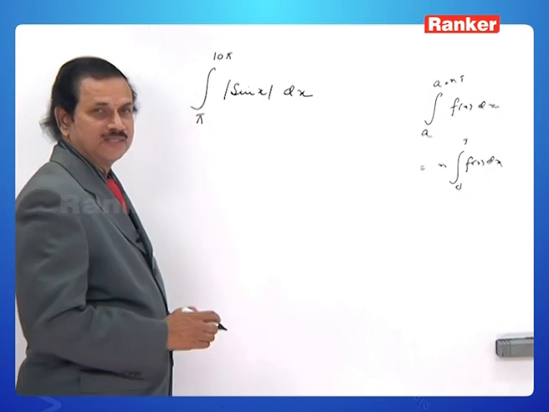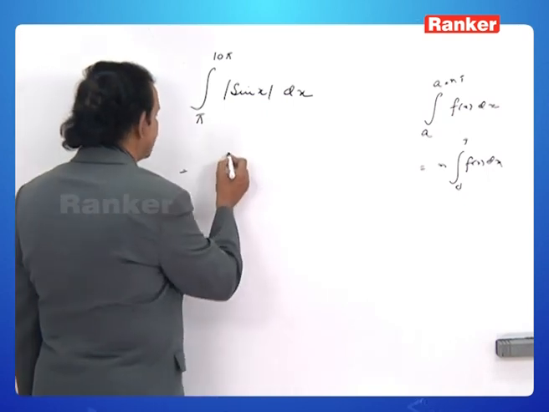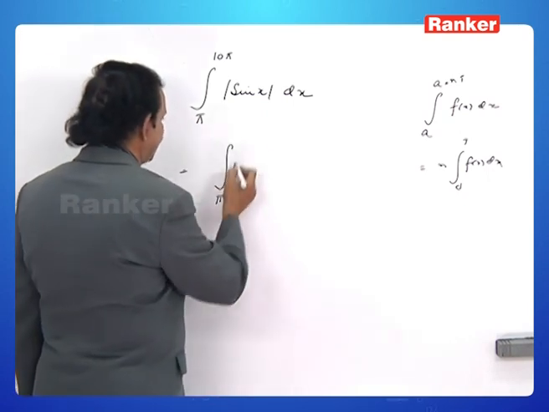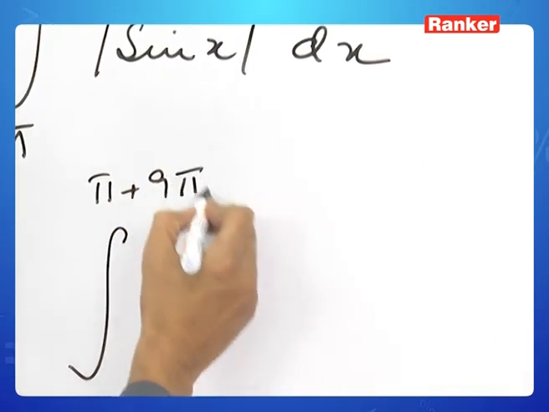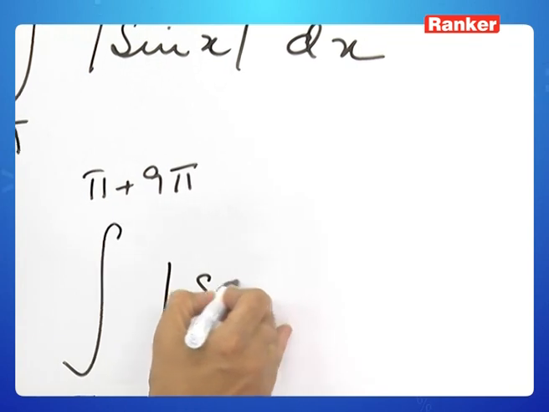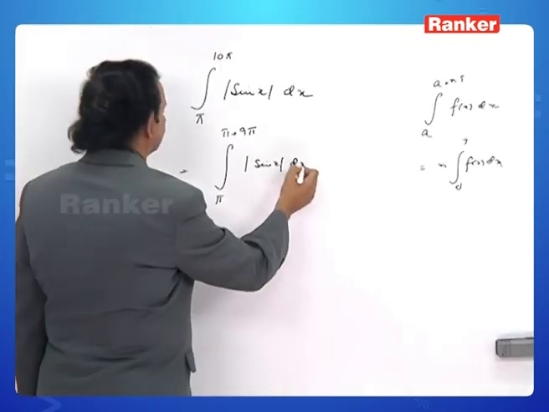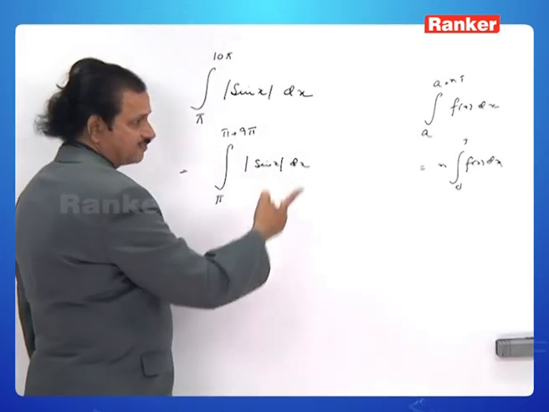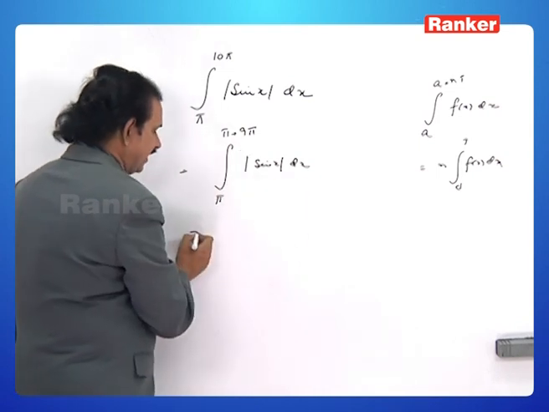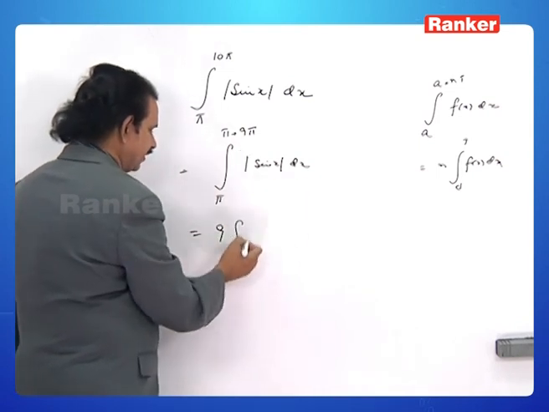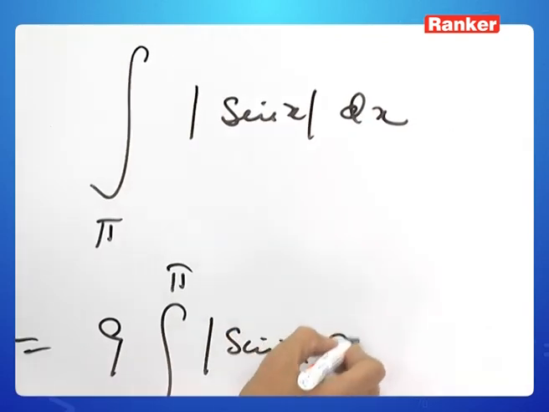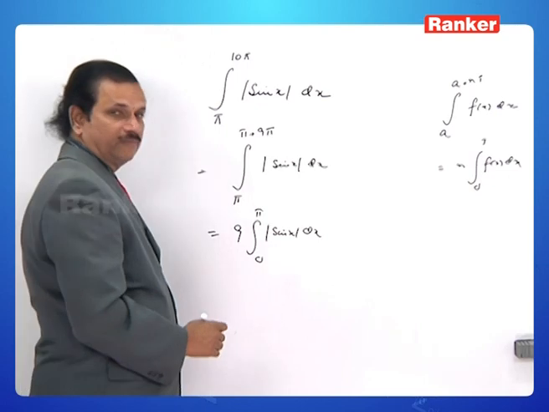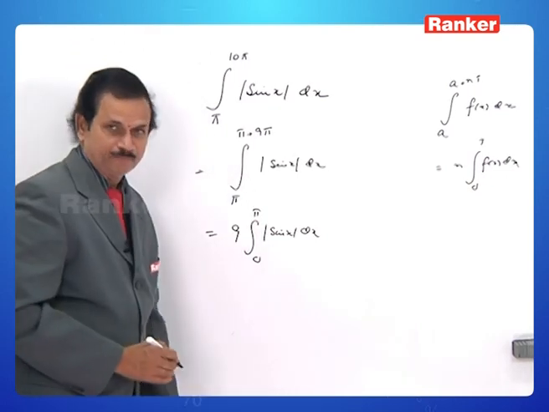Pi to 10 pi he is asking, therefore it is integral pi to pi plus 9 pi of mod sin x. Use that formula. In the place of n, what are we having? 9. 9 into integral 0 to pi mod sin x, because it is with period pi.